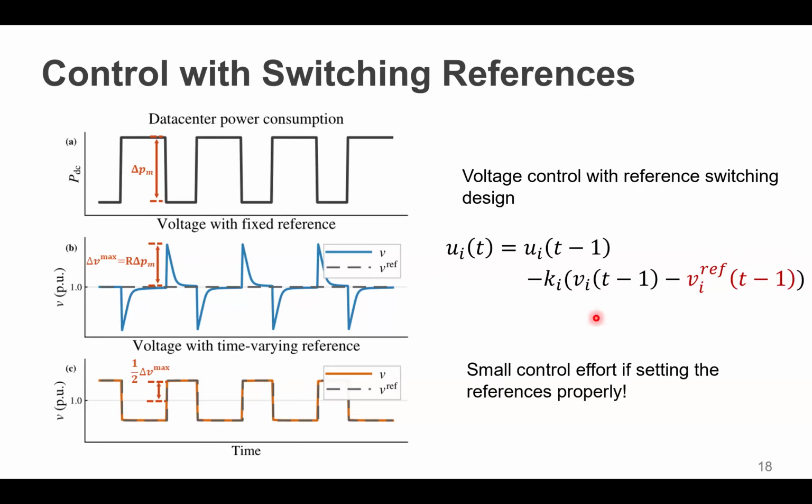So we need very small effort for the voltage regulation, but we can reduce the voltage deviation by half compared with a conventional design that just sets the voltage reference to 1 per unit. So that will be an improvement. With a very simple adjustment on the voltage reference we can achieve that.